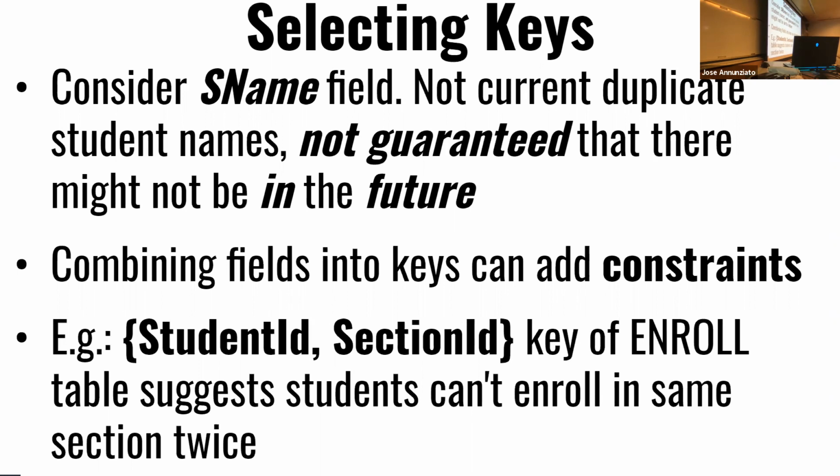The question is, are these two fields enough to be the primary key, or do I need a third one? Maybe I don't need all three to make the primary key. Maybe I can ignore this third one and only do it with two. So a primary key is whatever you want it to be.